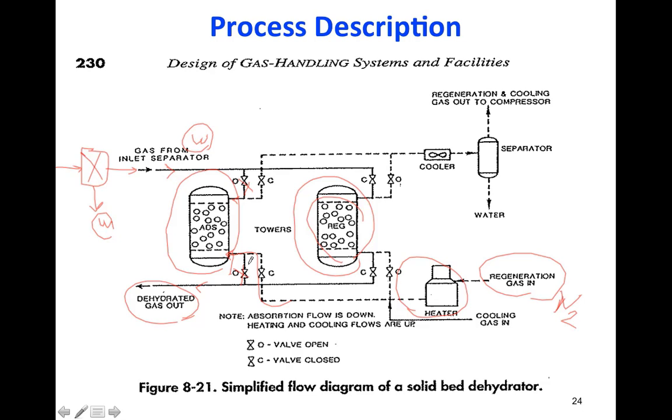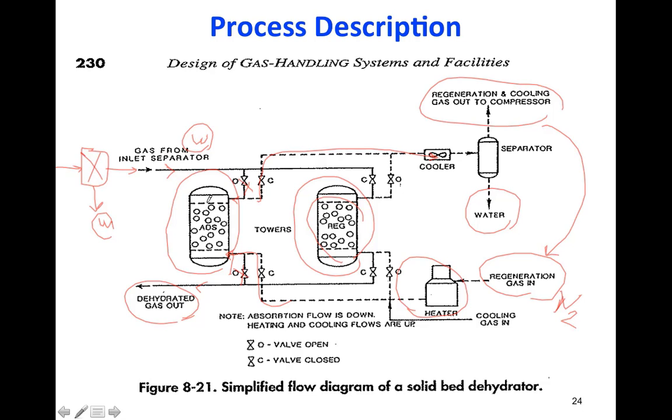At high temperature, it goes to the column and removes all the water from the solid particles, and then it goes to a cooler and separator where we remove the water, and we use this gas again for regeneration.